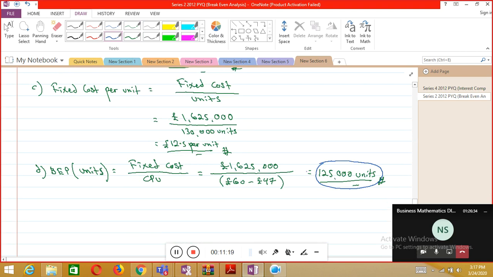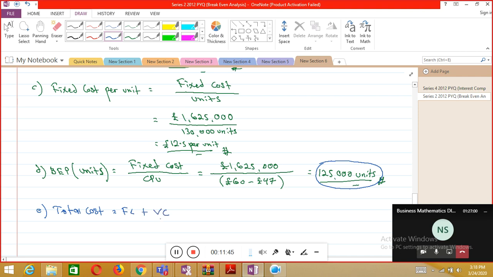They're talking about these units in part E. So they want you to calculate the total cost using this unit. You need to take fixed cost plus variable cost.